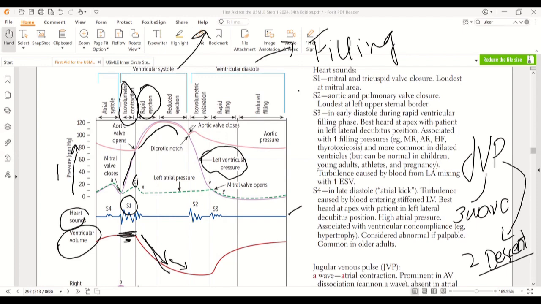So at this point there is a blip, known as the dicrotic notch. The blip in the aortic pressure after the closure is known as the dicrotic notch, right? Yes. Okay.